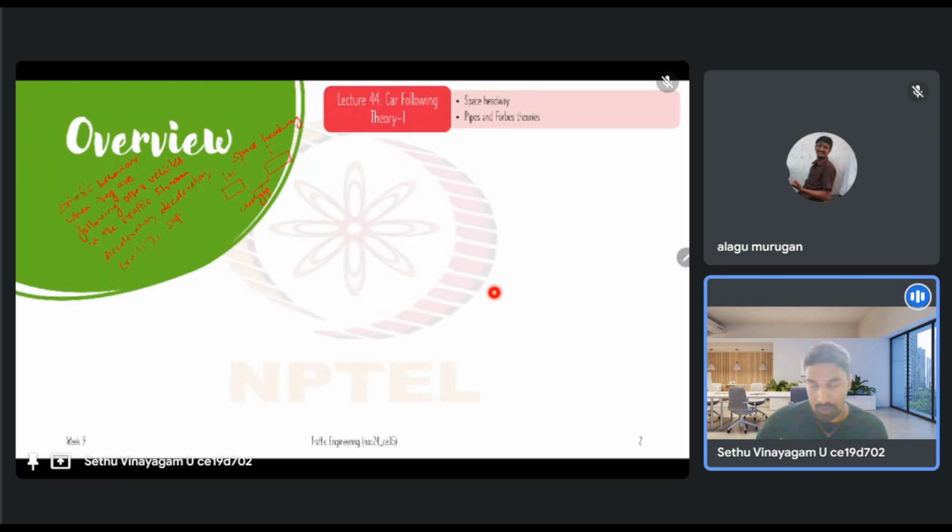right? But for space headway you take corresponding points on the two vehicles. If we take the middle point of the ith vehicle, we have to take the middle point of the I plus one vehicle, right? And then the distance between those points is what we call the spacing or the space headway.